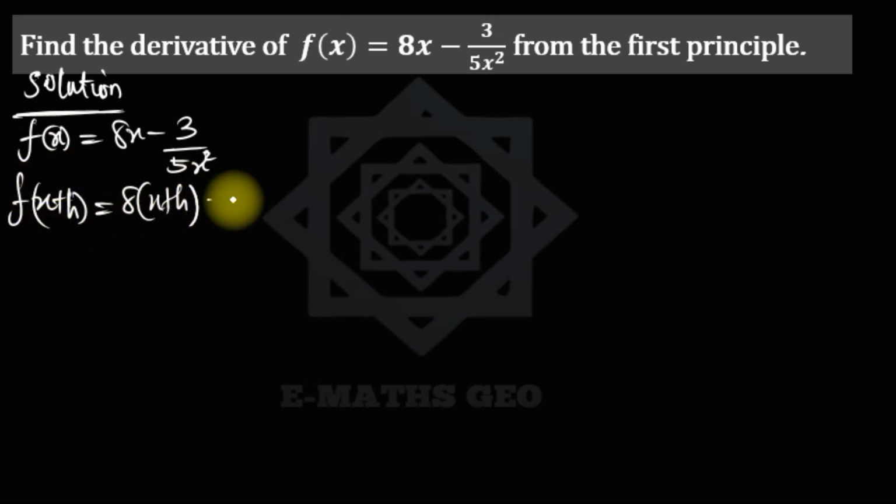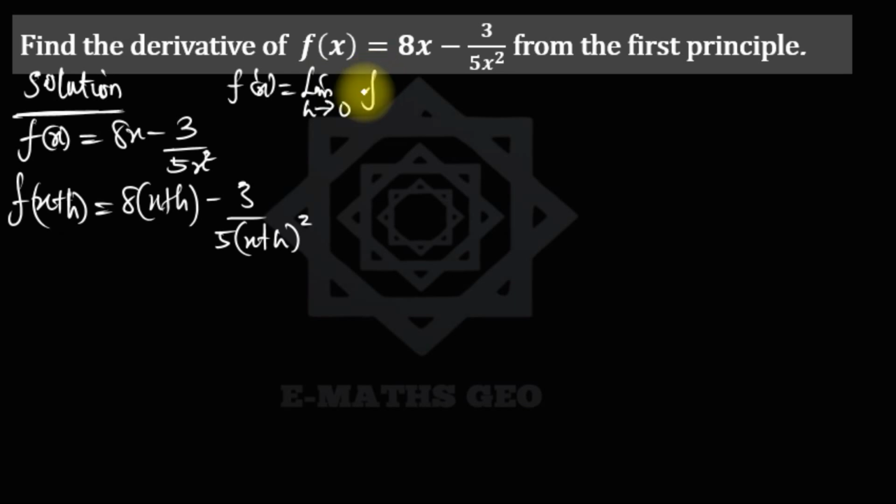So if x is changing on the left hand side, it will change on the right hand side. Let me write. If you remember, the derivative of anything is the limit as h tends to 0 of that function, the change, minus the original function, over h. So that's how we solve.